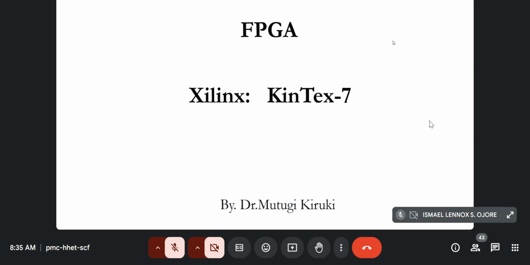So I'm not really going to delve so much into the definition of FPGA and all that. You can check it up. But what I'm going to depict here is just an example of an FPGA. So when you talk of FPGAs, there are two main manufacturers or vendors of the FPGA.